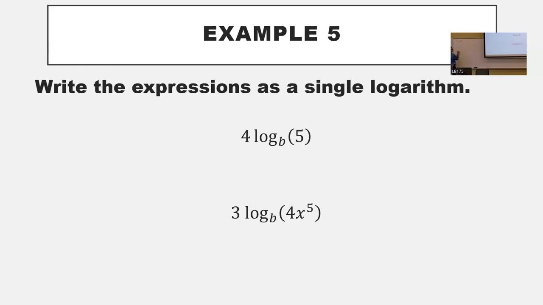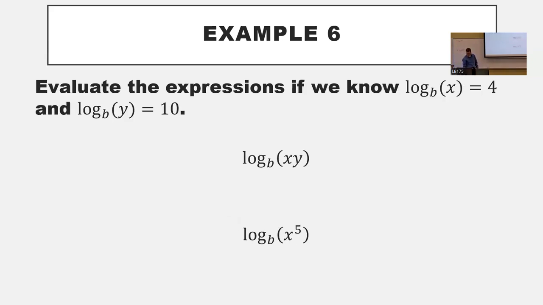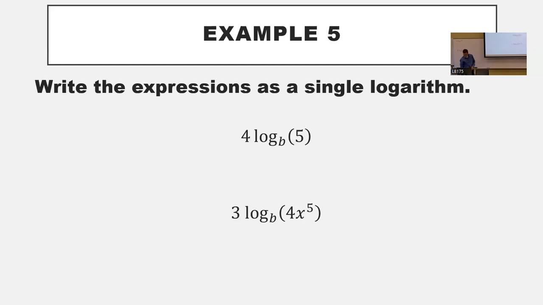And then we have 3 times log base b of 4x to the 5th, and again we want to rewrite that as a single logarithm. Let's do that one before I move on to the next.